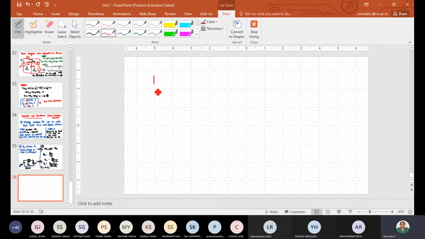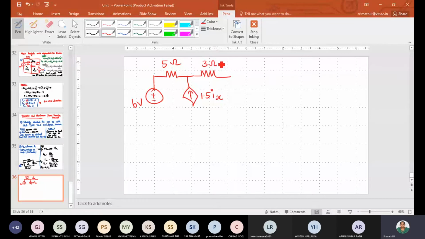So we have a 6 volt source and ohms, X, ohms.